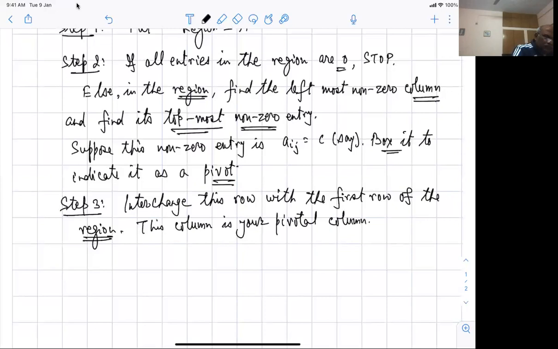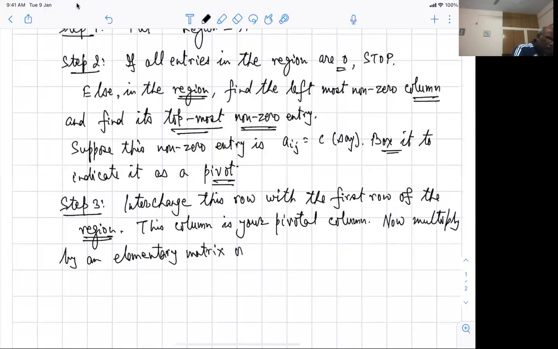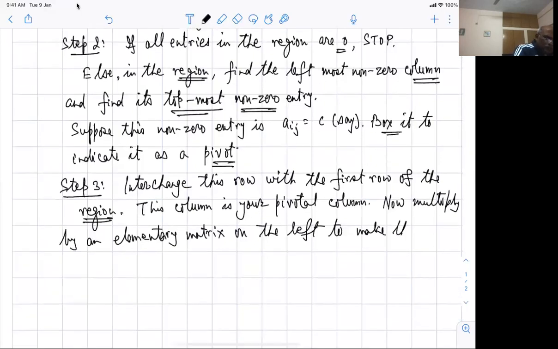Multiply by an elementary matrix on the left to make the pivot 1.